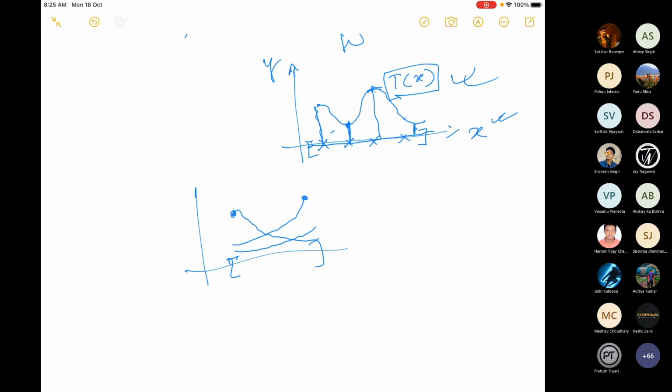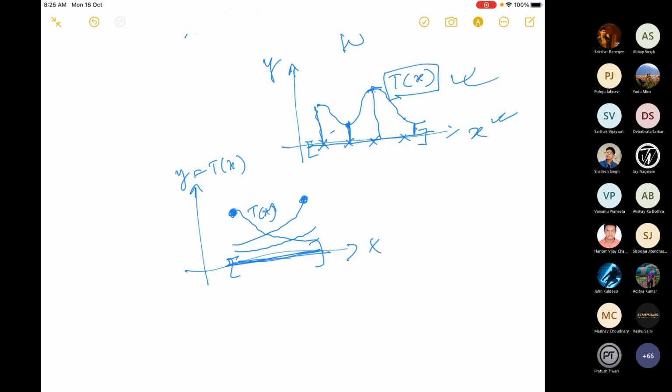Is it okay now? So this is x. The max will be assumed here or here, depending on whether it is increasing or decreasing in this interval. So this is t of x.